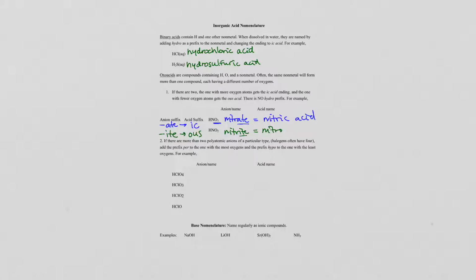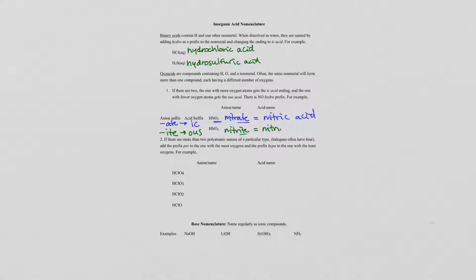I'll rewrite that for you, kind of messy. Now, sometimes there's more than one of these variations, and my apologies, because these numbers should be subscripted. So it should be HClO4. The 4 should be a subscript on the oxygen, so should the 3 and the 2. My apologies on that, that is my bad.